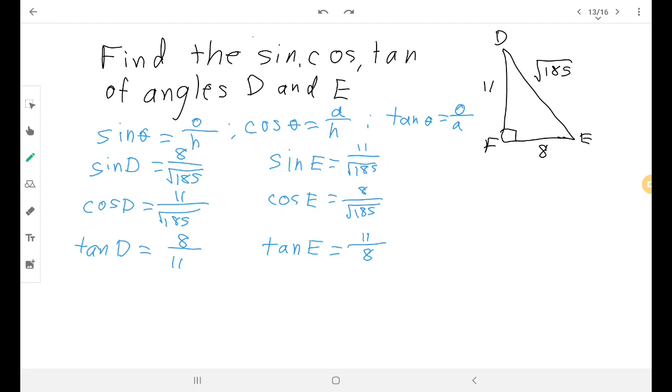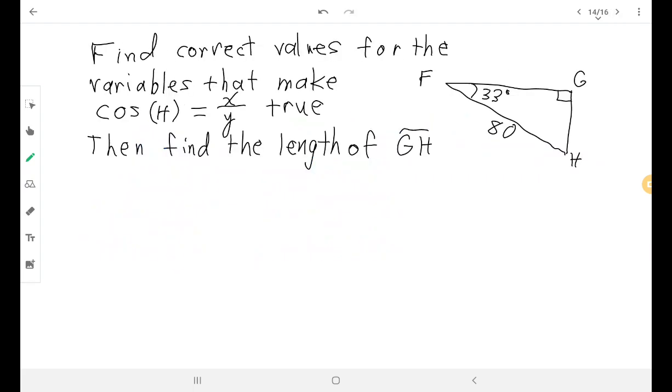All right, let's move on to our next problem. Find the correct values for the variables that make the cosine of H equal x over y true. Okay, so then find the length of segment GH. So the cosine of H equals the adjacent side over the hypotenuse.